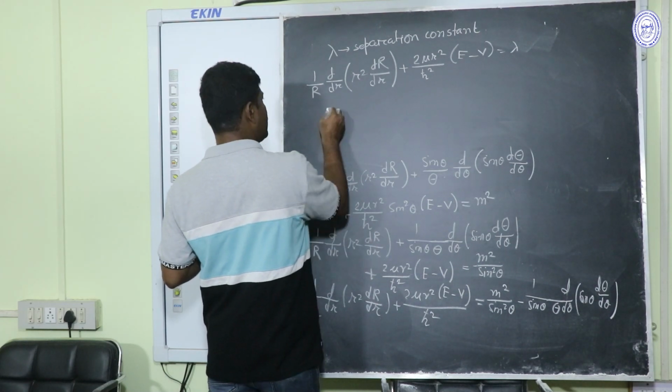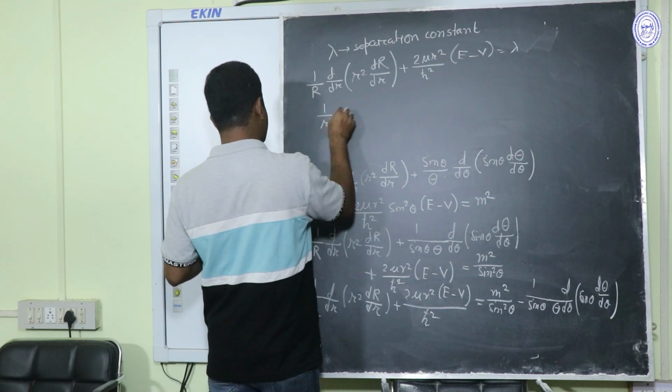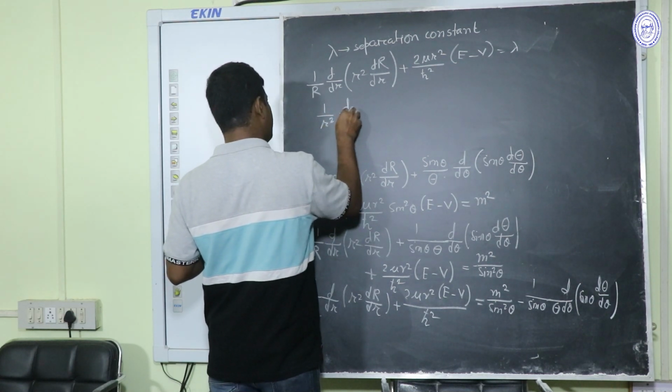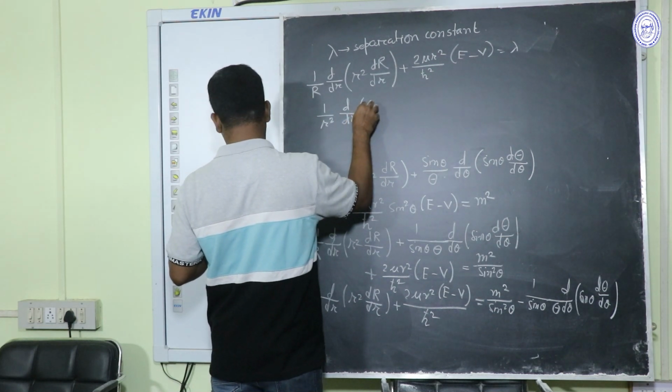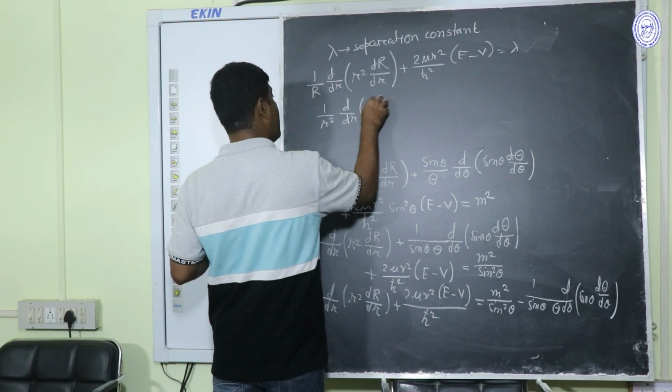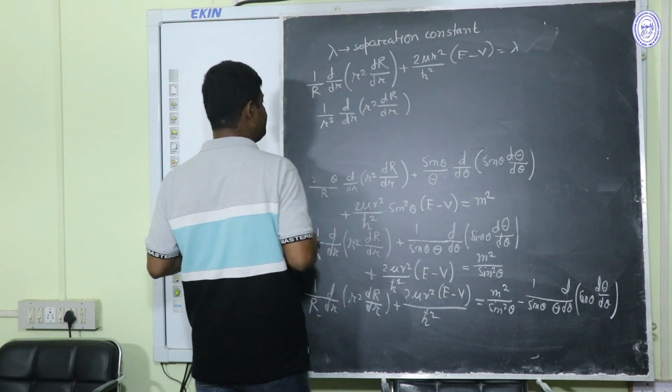we will get 1 by r square d/dr of r square dR/dr.